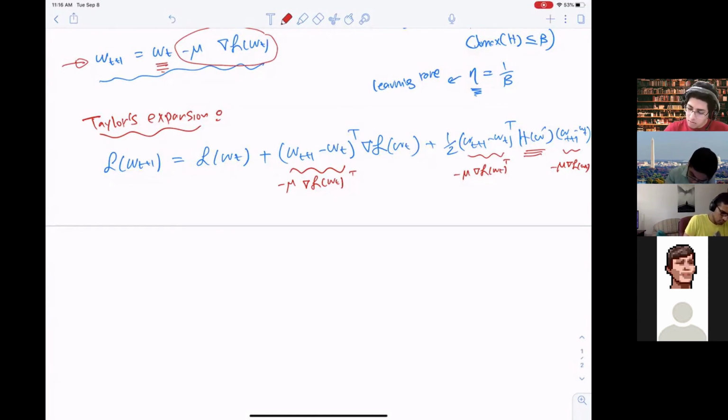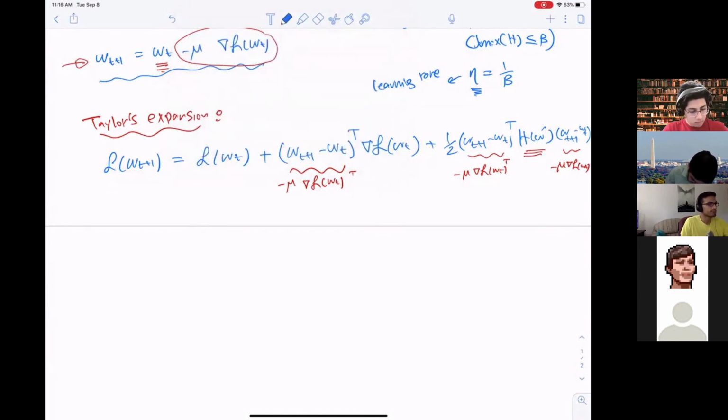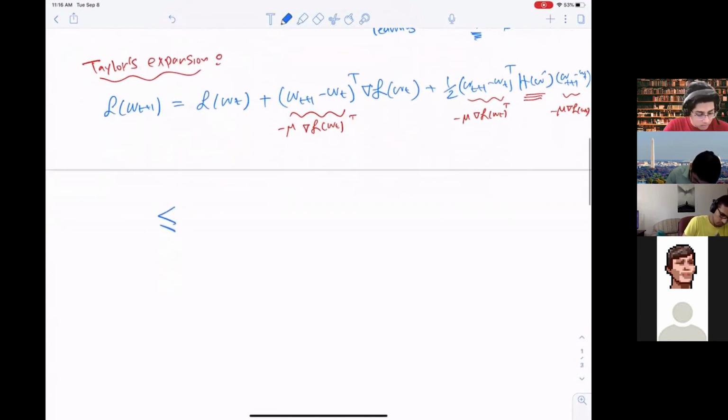We are going to use that result to bound the right-hand side of this equation. So this is going to be less than or equal to the loss here. What about this term? I have minus eta times the gradient transpose times the gradient, which is the norm squared of my gradient.